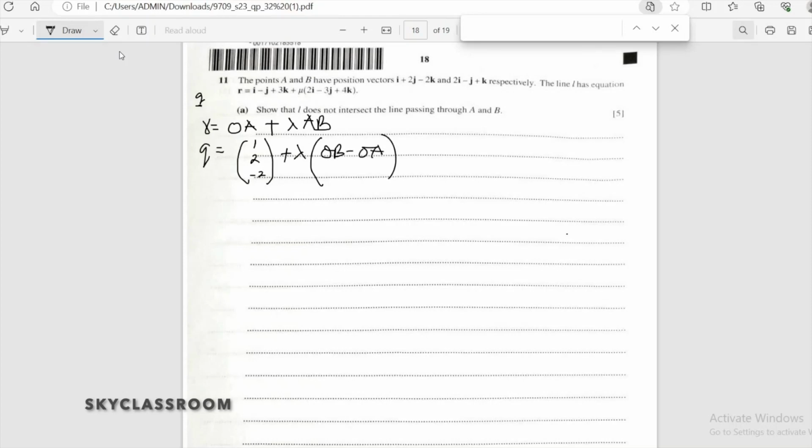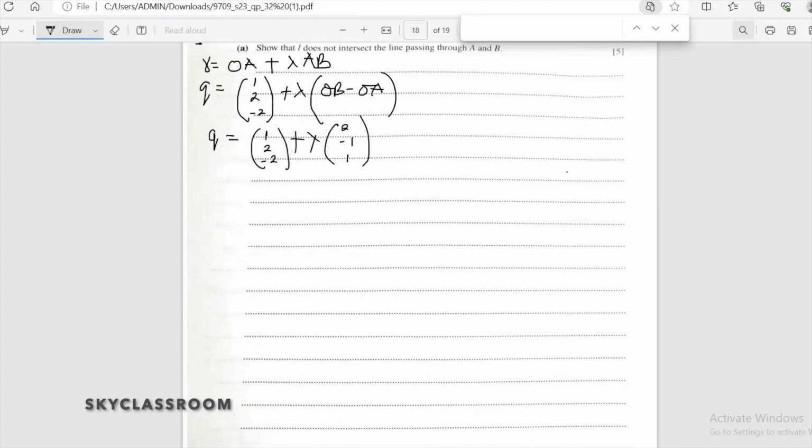So the vector equation of line Q will be (1, 2, minus 2) plus the scalar lambda times (OB minus OA). This is B minus A, so we're going to have 2 minus 1 and 1. This is the vector equation for the line through A and B. I call it line Q.